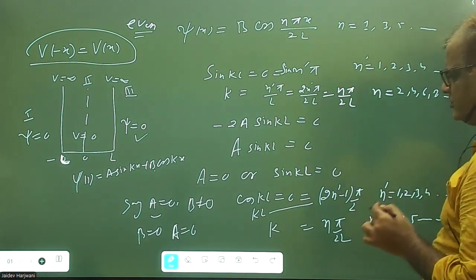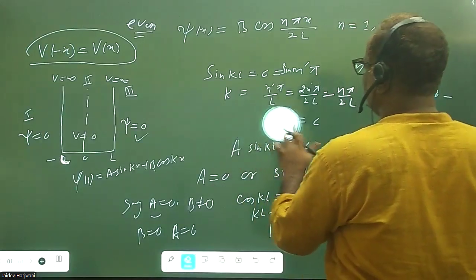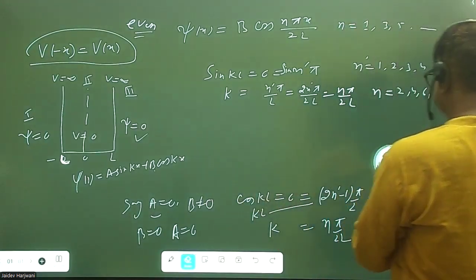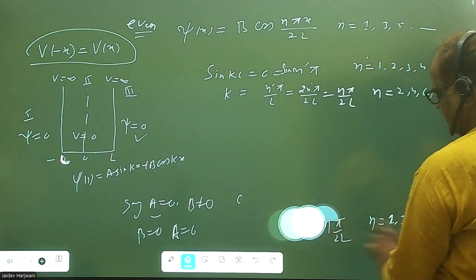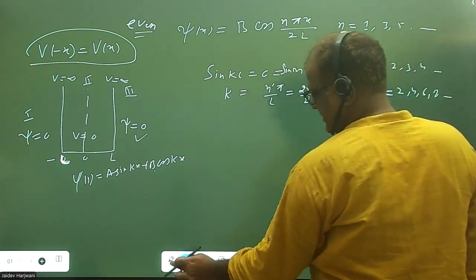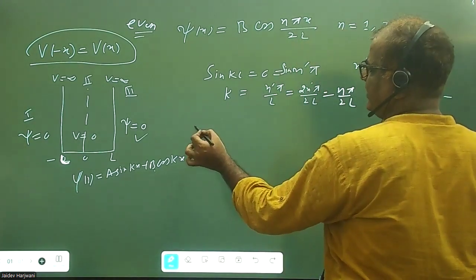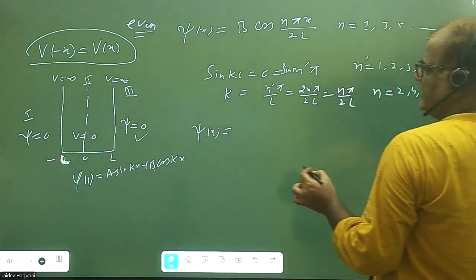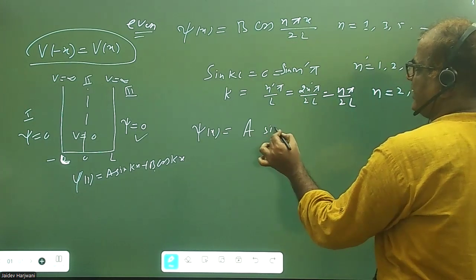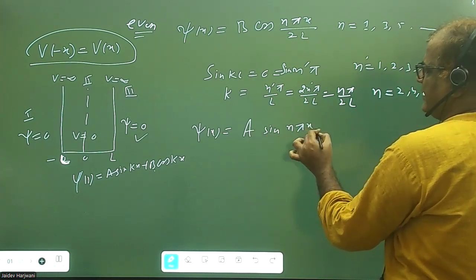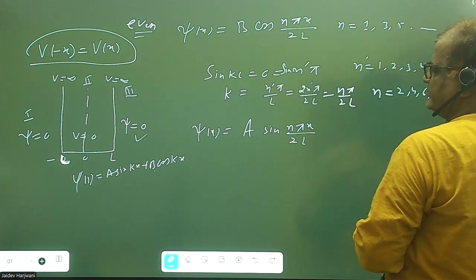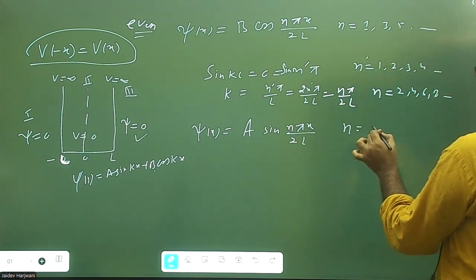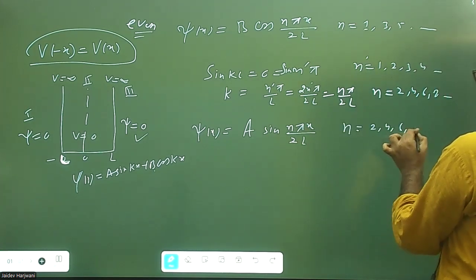So my wave function psi x will be a sine n pi x upon 2L, where n is now 2, 4, 6, 8.